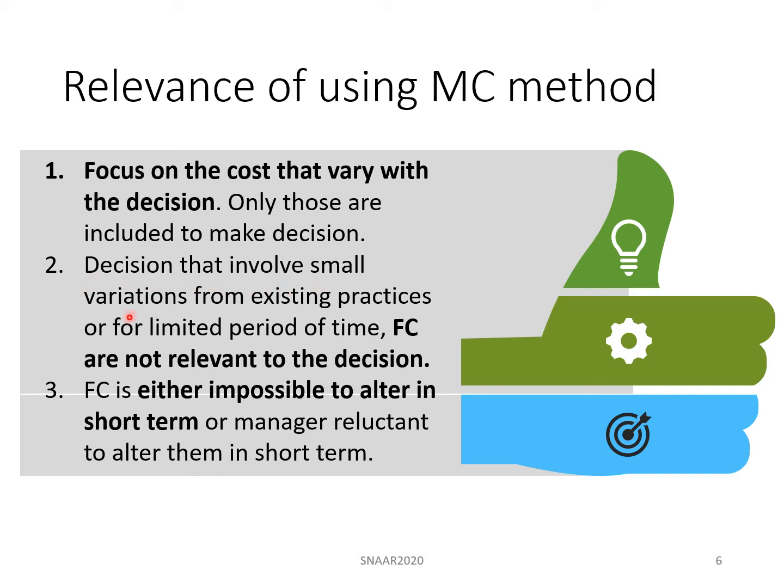Decision that involve small variation from existing practices or for a limited period of time, these fixed costs are not relevant to the decision. Sebab dia tak berubah kan, so dia tak relevan lah untuk buat keputusan in a short term. Fixed cost is either impossible to alter in short term ataupun manager reluctant to alter them in short term.